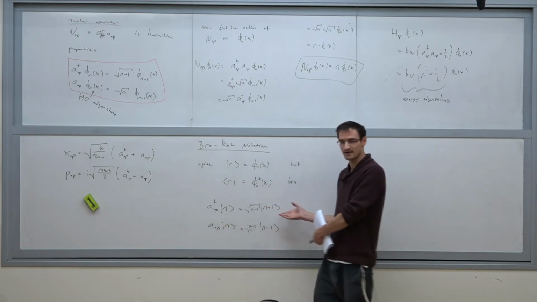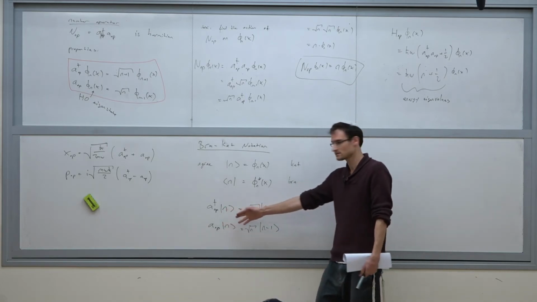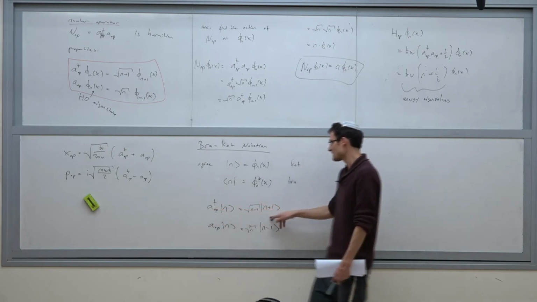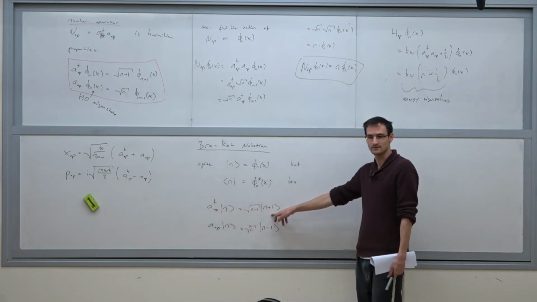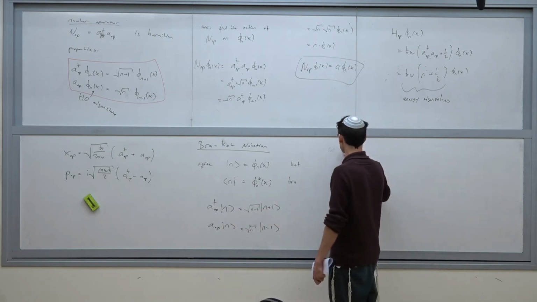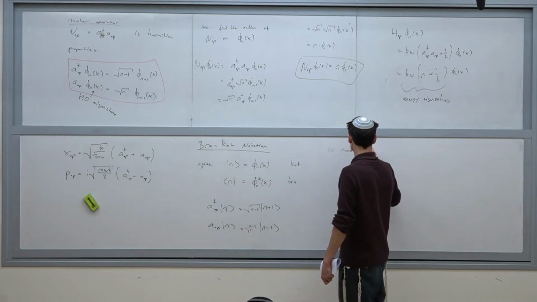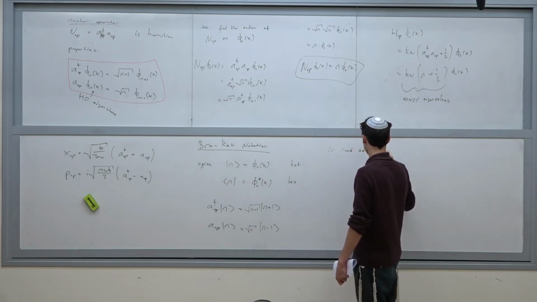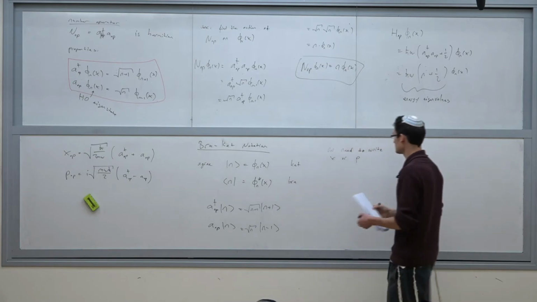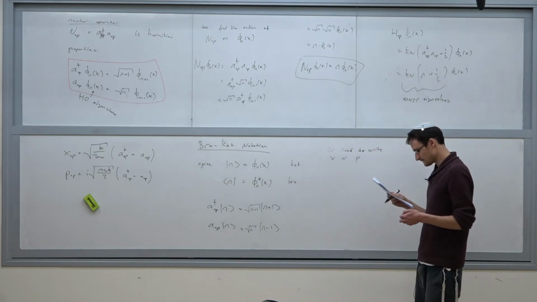That's why this bracket notation is so strong and very easy to use, and very handy for this kind of problem. I only care about which state I'm in. I don't care what representation I'm working in. Actually, this is the energy basis, because these are energy eigenfunctions. So when A dagger acts on the nth state, I get the n plus 1 state. That's all I care about. No need to write x or p. So it comes in handy.